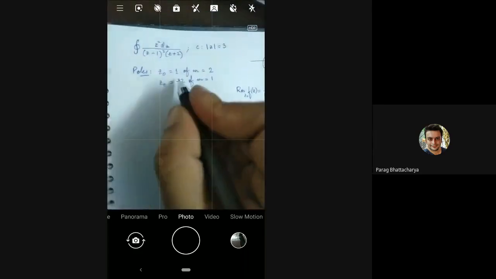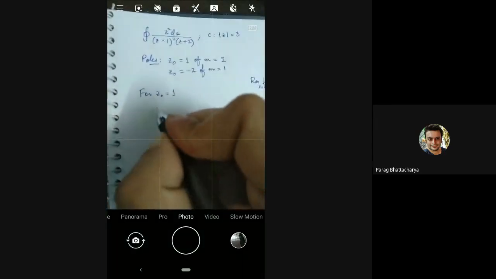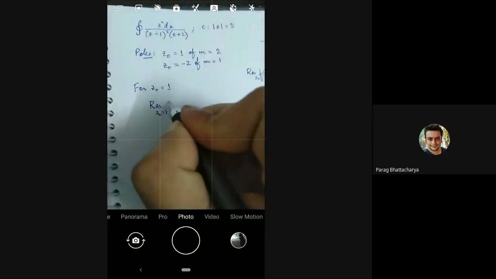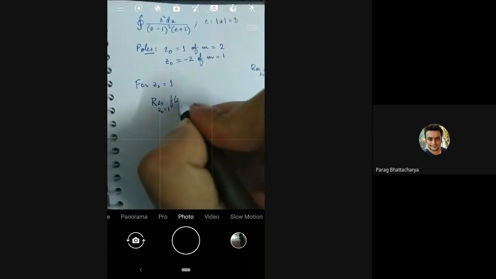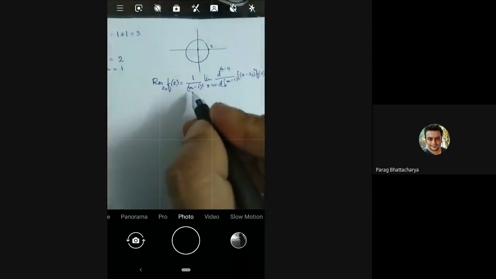So for the first one, we need to find this residue for z naught equals 1. The residue at z naught equals 1 of this function. What is this equal to? By applying this formula, m is equal to 1, right?